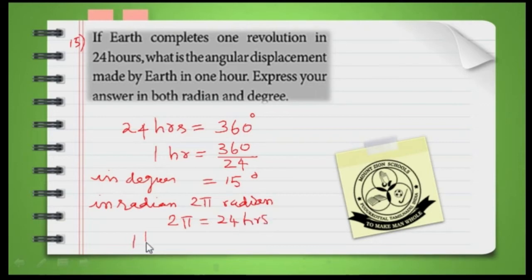Here we need to find out what is the 1 hour value in radians. So 2 pi by 24, that is equal to pi by 12 radian. So here 1 hour is equal to, in radian, pi by 12.